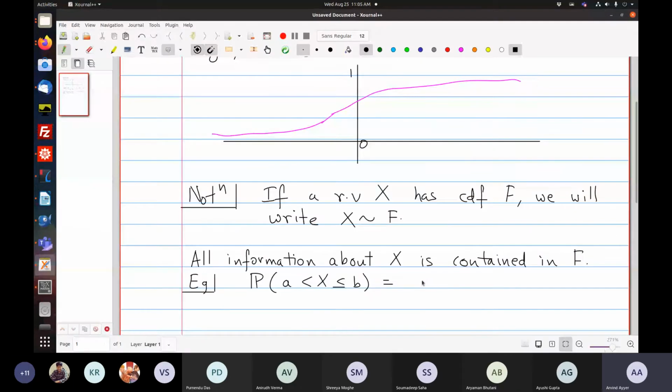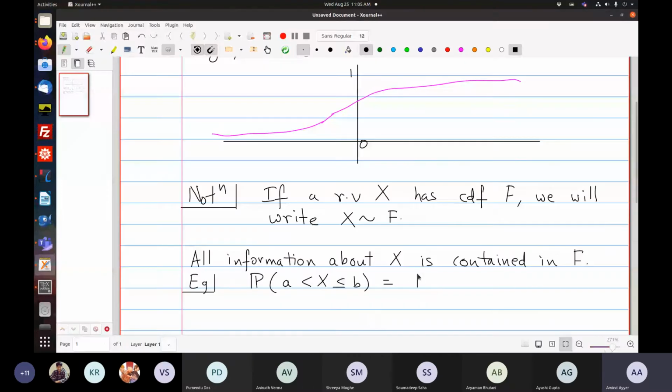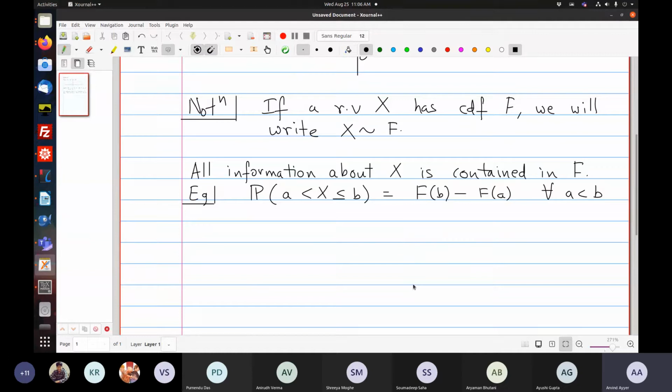F(b) minus F(a). Right, I heard the right answer from somebody. Yes, that is correct. So this is F(b) minus F(a), and the strict inequality on the left and weak inequality on the right is precisely because F is defined to be the probability of X less than or equal to x. Okay, so exactly. You can get probabilities of our random variable living in some interval very clearly.